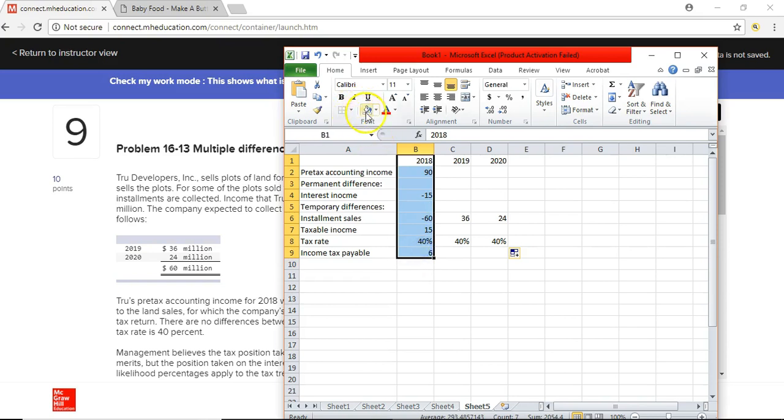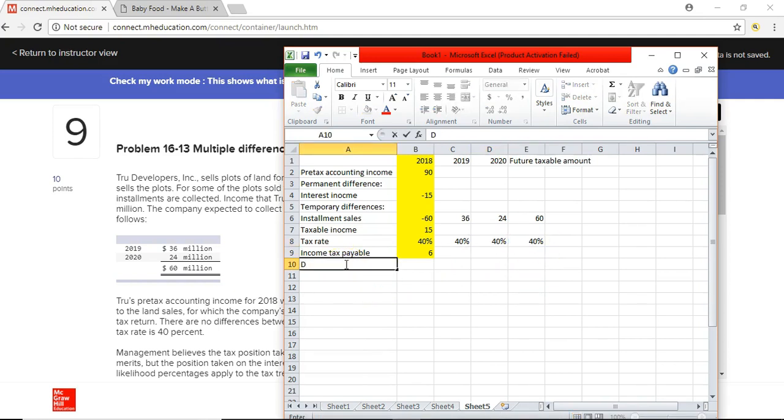So if I draw a line between 2018 and 2019, I can find out the deferred tax liability balance at the end of 2018. Future taxable amount, the future of 2018 means 2019 and 2020. So 24 plus 36, totally $60 million will be taxable in the future of 2018.